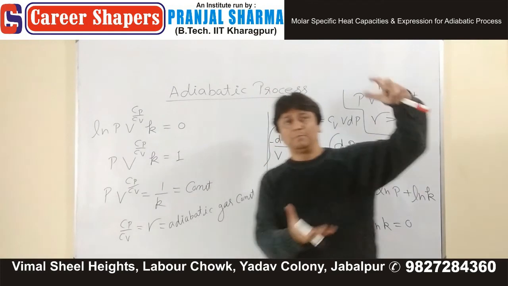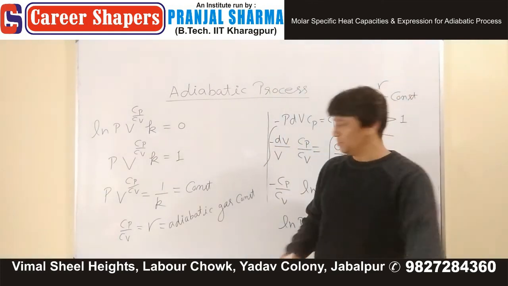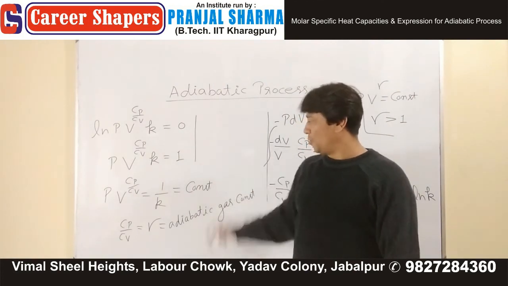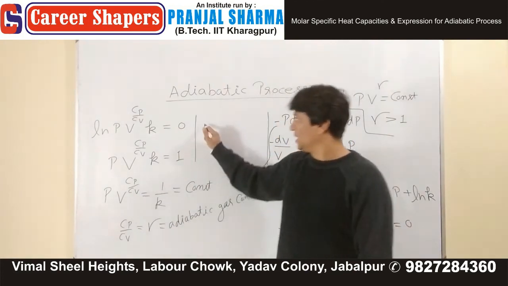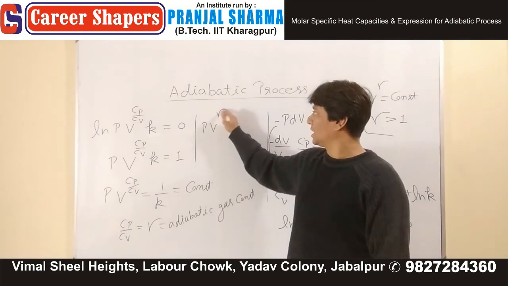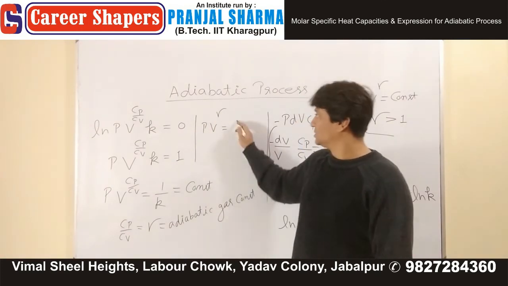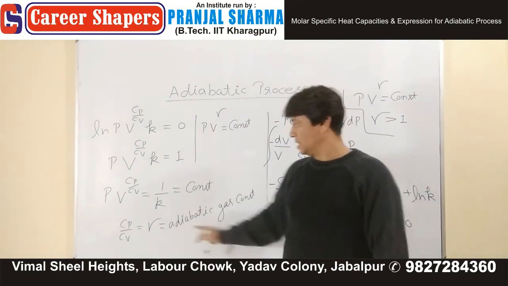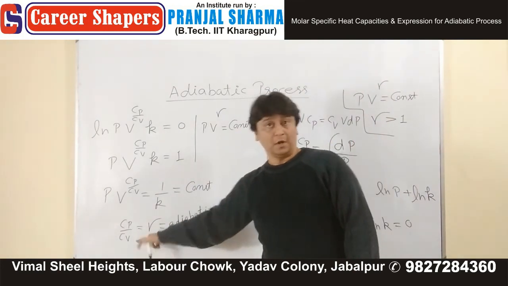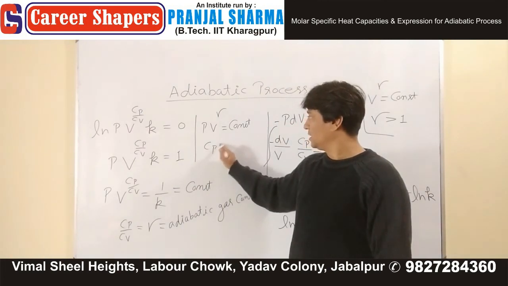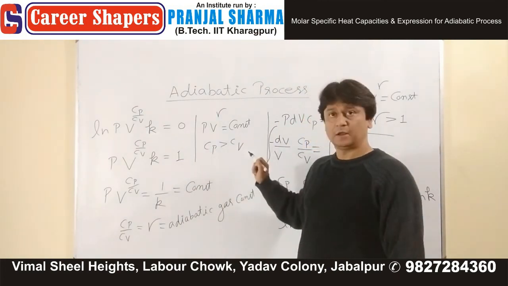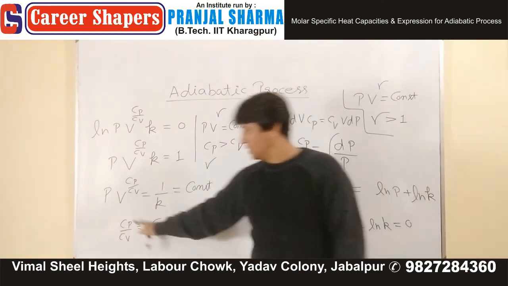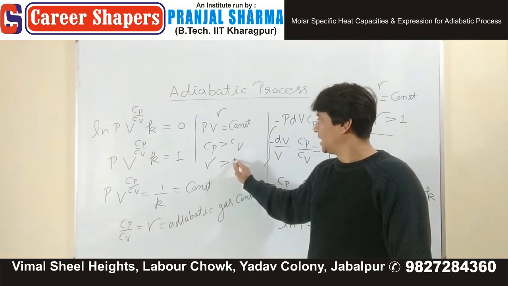This big bundle of Cp upon Cv, what did we start calling it in short? Gamma. So the moment you call it gamma, what do you get? PV gamma is constant. What is gamma? Cp upon Cv. But you know that Cp is always greater than Cv. If Cp is always greater than Cv, then gamma will be greater than 1.